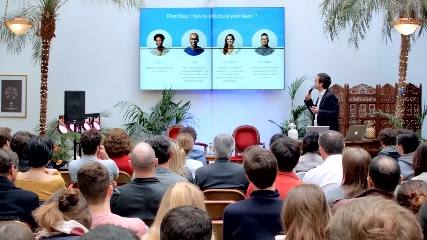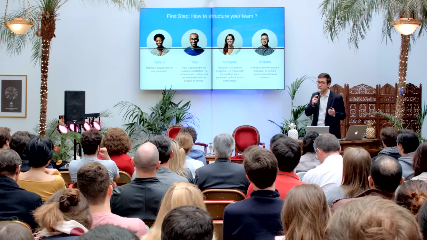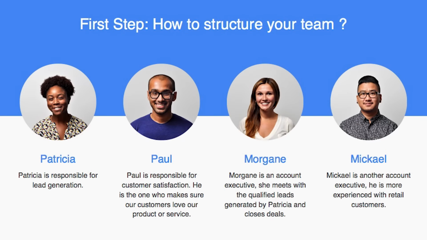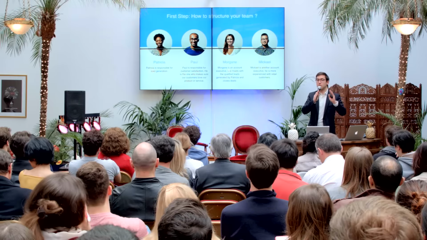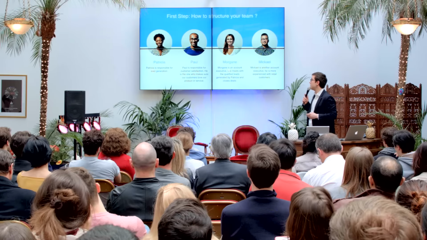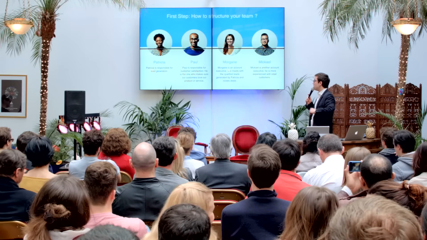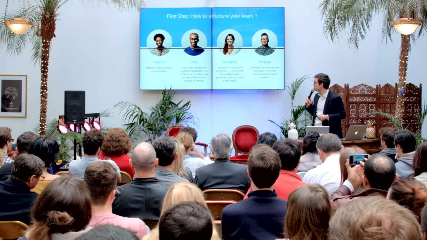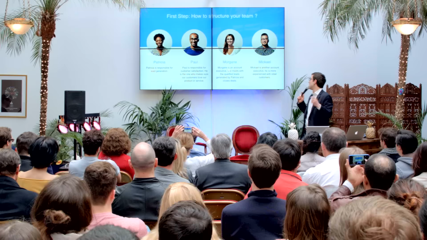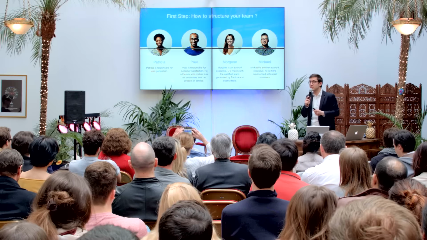How should you structure your team for outbound lead generation? We think that the best way to do that is to specialize the roles of your team. You would have, for example, one person responsible for lead generation, one person responsible for customer satisfaction, and 2 account executives.